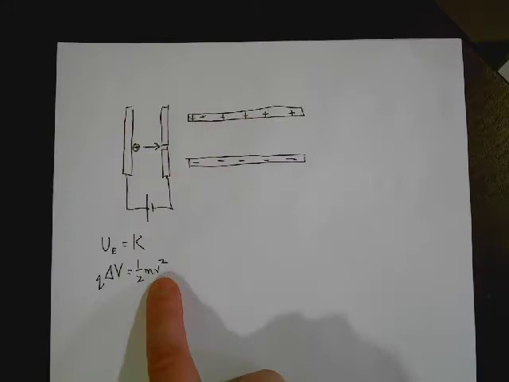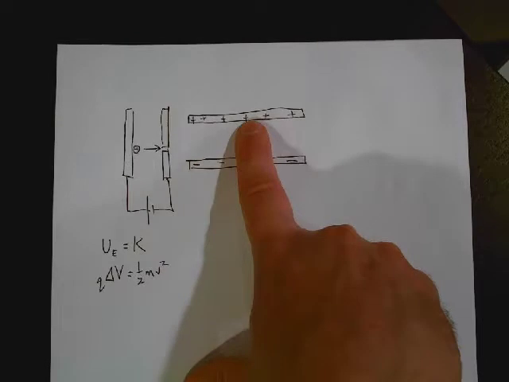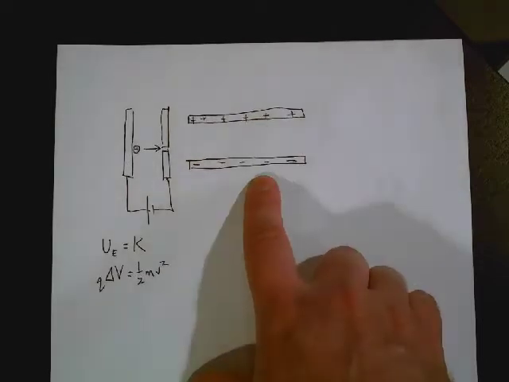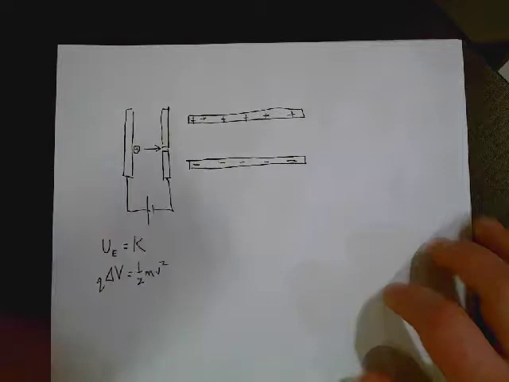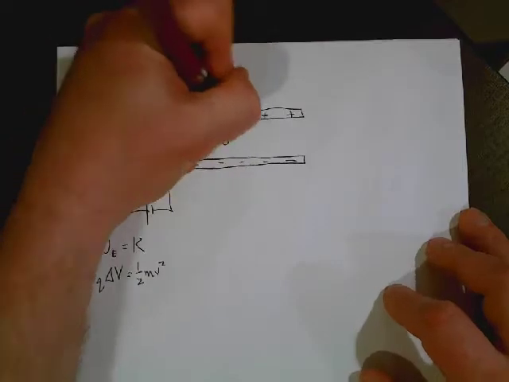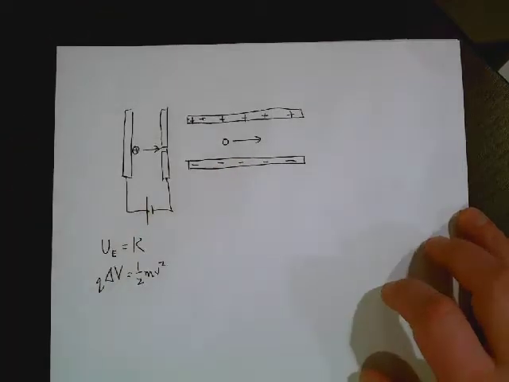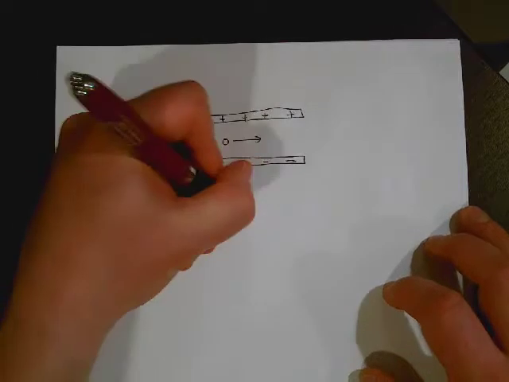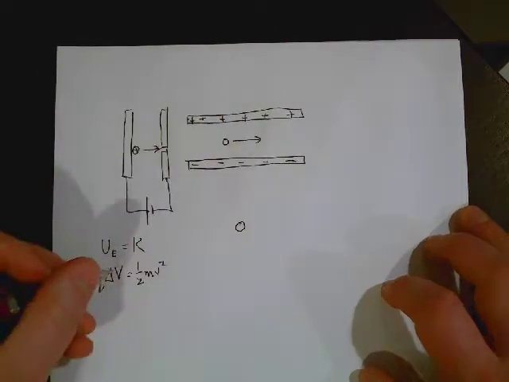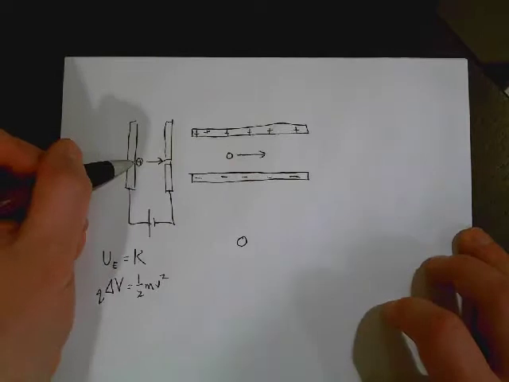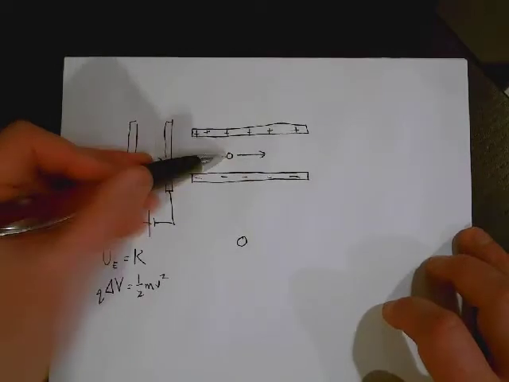The idea in this part is, if I'm looking for a specific object with a specific mass, it should be going a certain speed. If it's going too fast or too slow, it's either going to hit the top plate or hit the bottom plate. Only the special speed is going to make it straight, where this object is just going to keep going straight across.